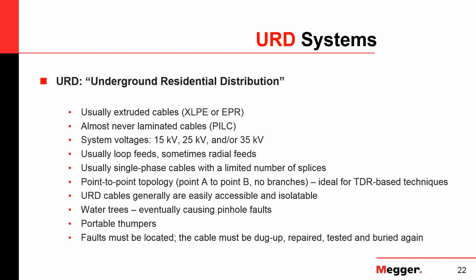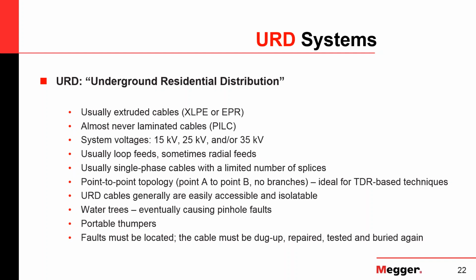So URD systems, therefore, are what you can call a point A to point B network or connection, and you rarely see branches, maybe a T-splice here and there, but downtown networks are typically a branch network.